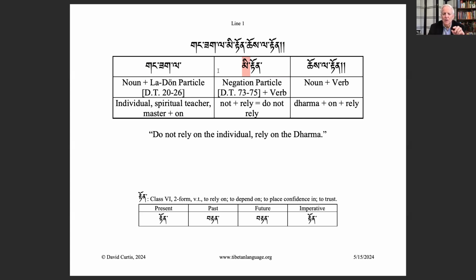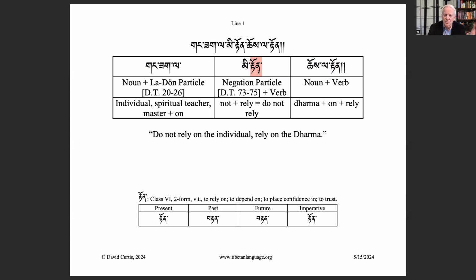Okay, so mi is one of the negation particles, ma and mi. They come before the word they negate. So when we see this, we know that mi as a negation particle is going to negate the following syllable, which is tun, and that's the same word that we just saw in the title, meaning to rely. So mi tun can mean don't rely, do not rely.